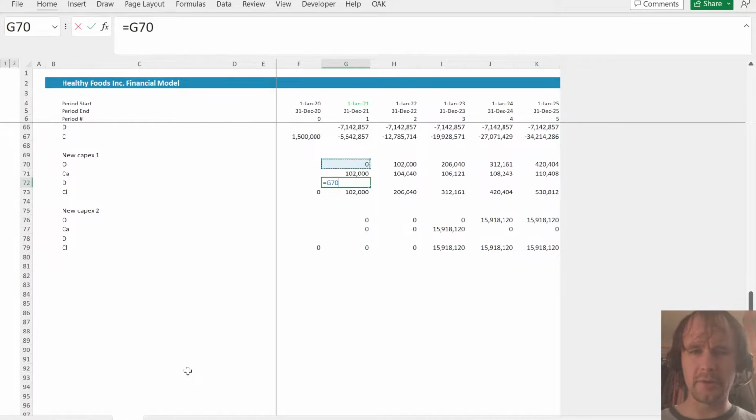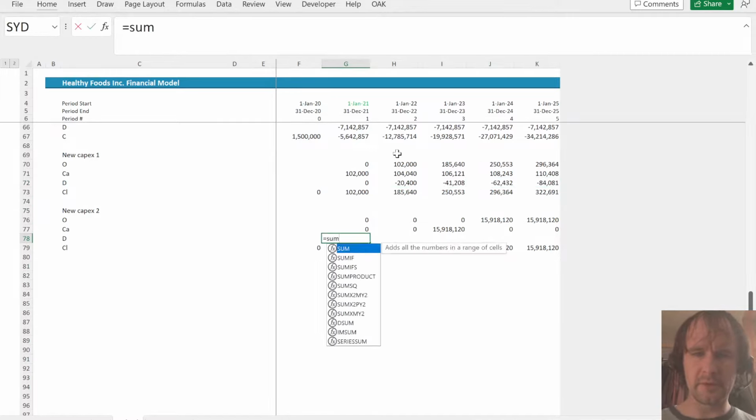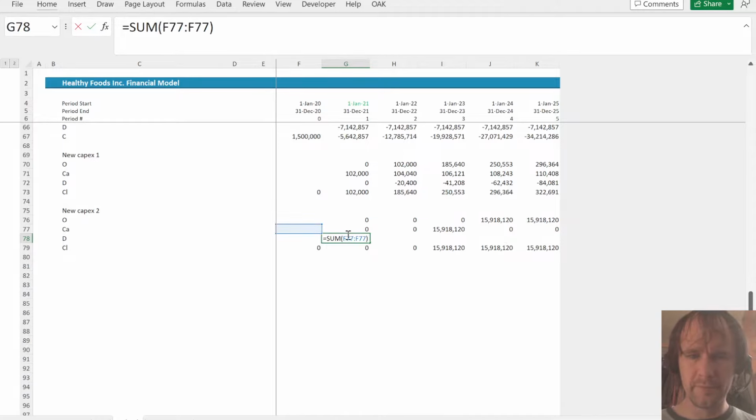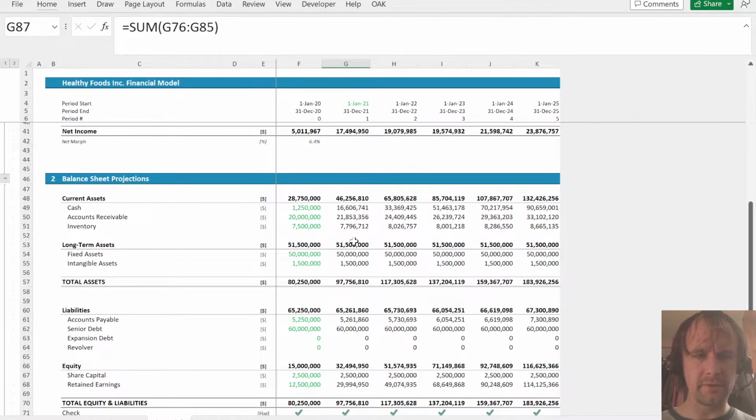Okay, and we're told when you don't depreciate it in the first year, it happens at the end of the year. So it's going to be sum of this over 5. And we'll lock in here. And we'll put a minus. Okay, that looks about right. And then here we'll say sum of this dollar over 12.5, and again we'll put a minus. Okay, happy days. So now we need to drop those into the balance sheet.